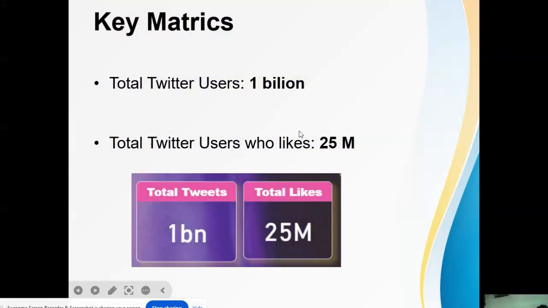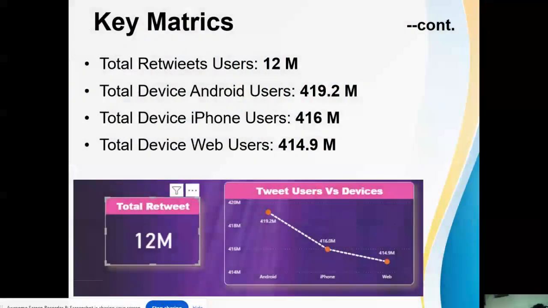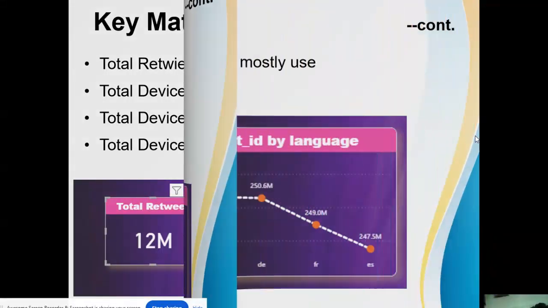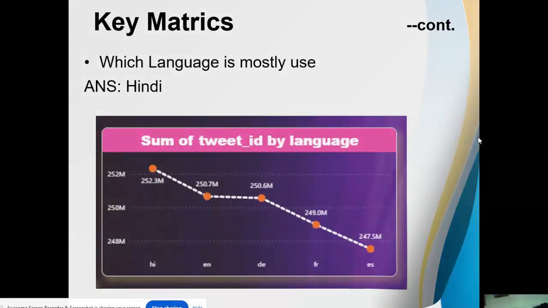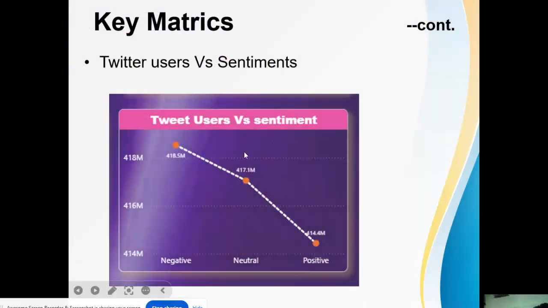These are the key metrics. I have mentioned those points, and I have already typed them here. Mostly the Hindi language is used for tweets. Twitter users' sentiment is already shown.